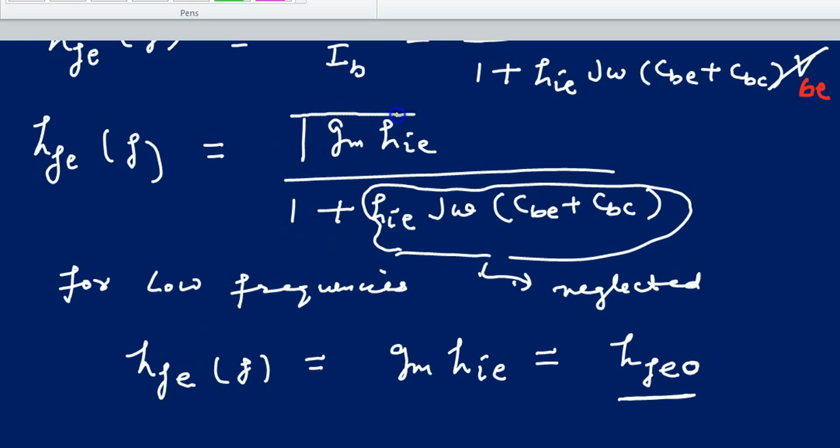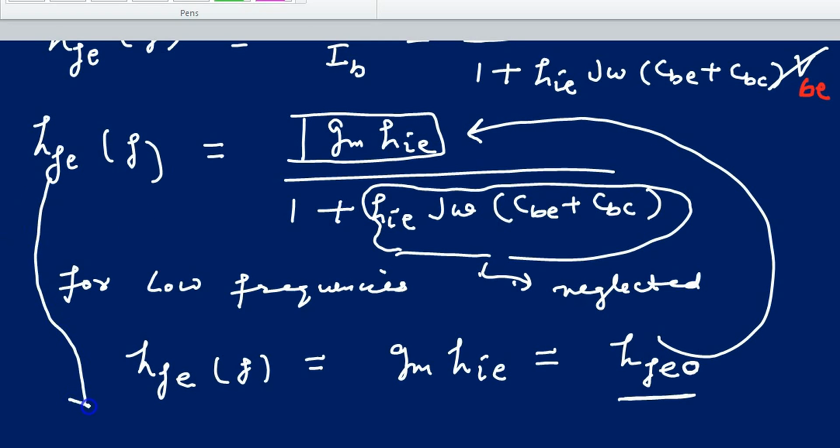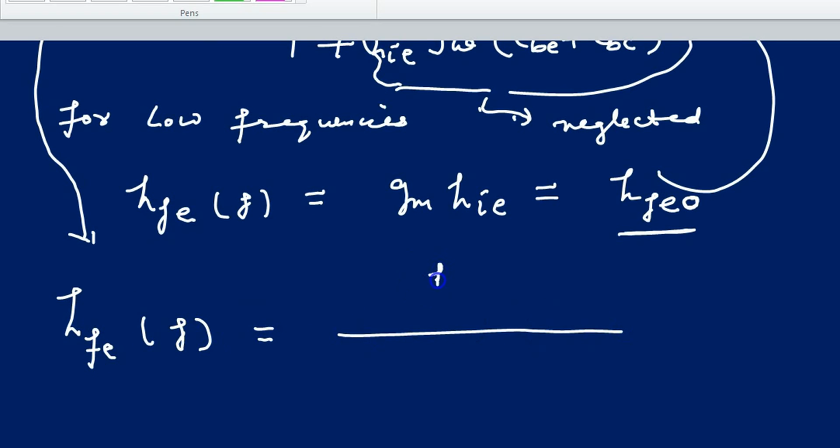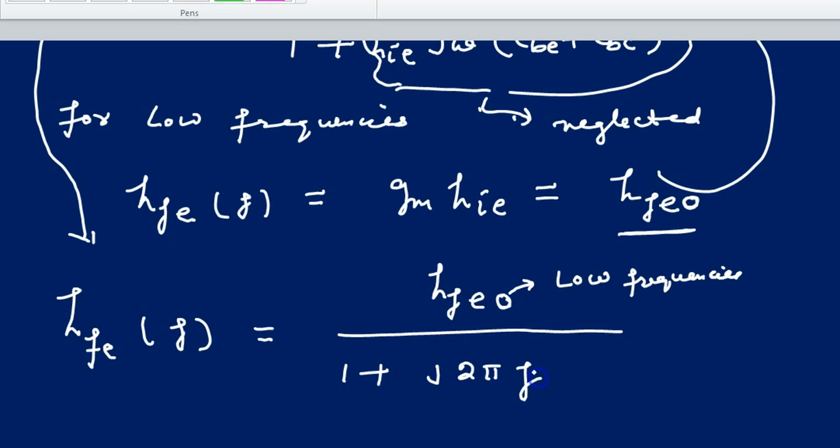So now again replacing GM HIE with HFEO, then HFE, which is a function of frequency, becomes as follows. Omega is 2 pi f by definition.